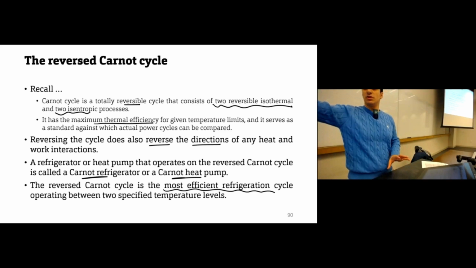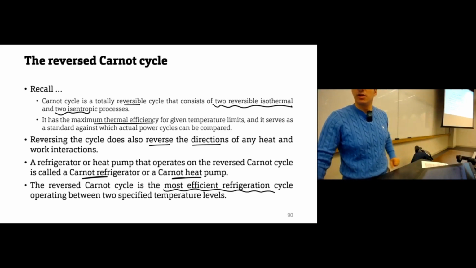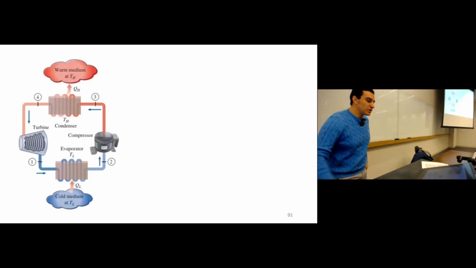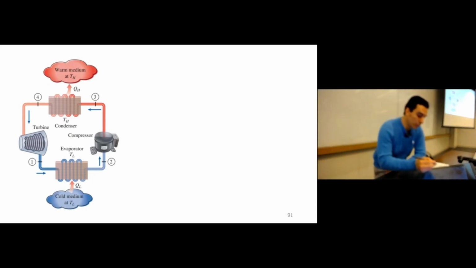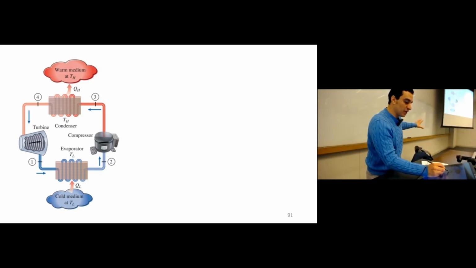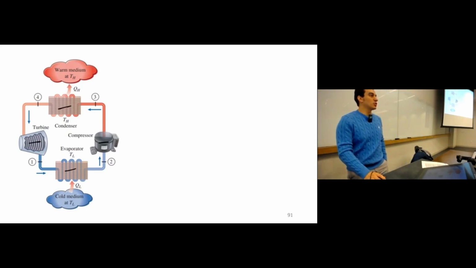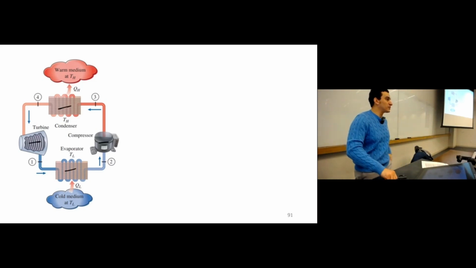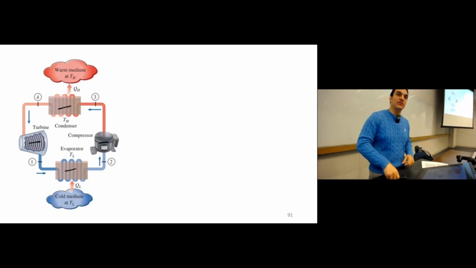Okay, so similar to what we did in the power cycle, this will be the same here. If we see the Carnot cycle, these are the components: compressor, turbine, condenser, boiler or evaporator, similar to what we have in the power cycle. But what are the differences? Everything is flipped.